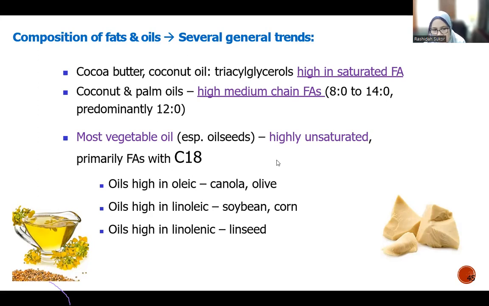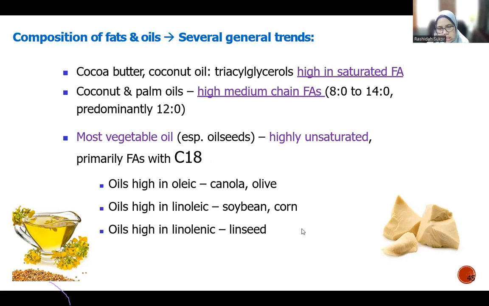It has 18, 18:1, 18:2 or 18:3. So oil high in oleic acid is canola and also olive. Oil that is high in linoleic acid is soybean or corn. And oil with high linolenic acid normally is from linseed.